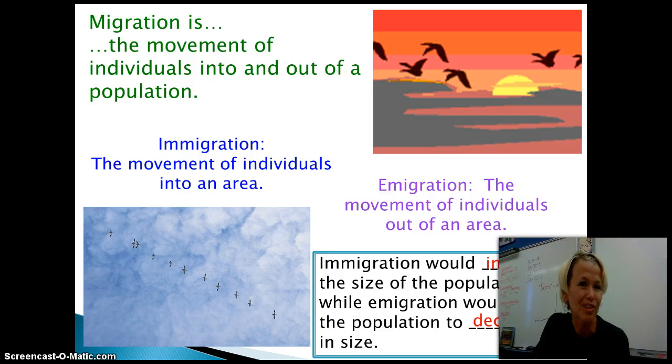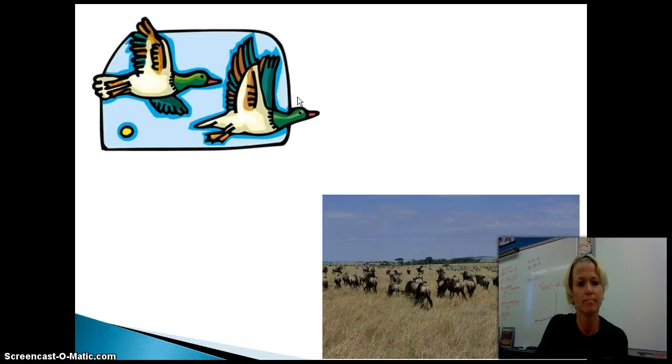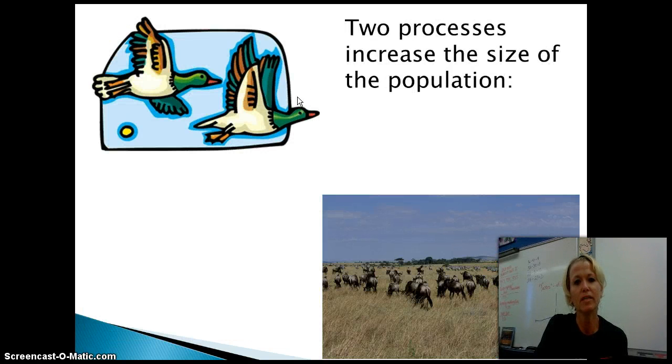Hint, that would be a really good question on a test. Which one increases a population? Which one decreases a population? So two processes increase the size of populations. Can you remember what they were? Because this is a review. This is kind of bringing it all together. So out of what we've talked about so far, what would be two processes that increase the size of a population?